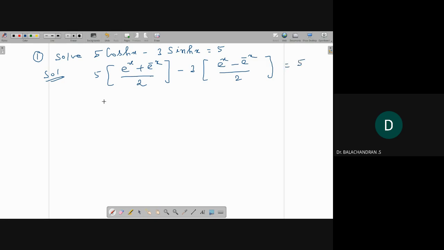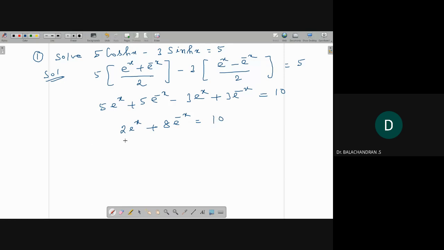So here we have 5 e power x plus 5 e power minus x minus 3 e power x plus 3 e power minus x equal to 10. So 2 e power x plus 8 e power minus x equal to 10.